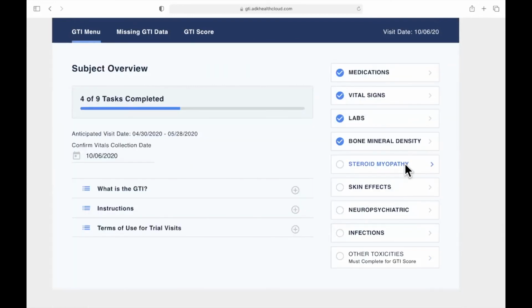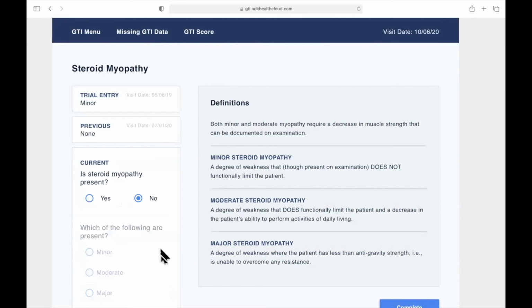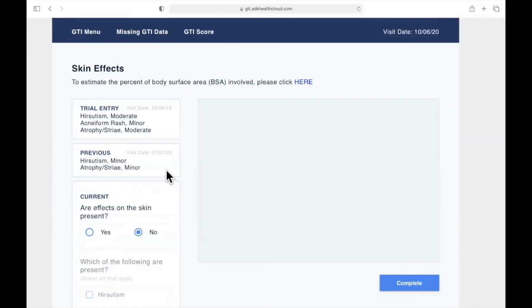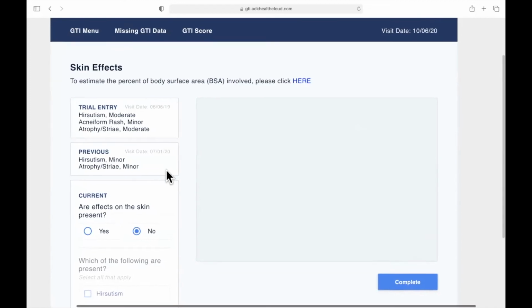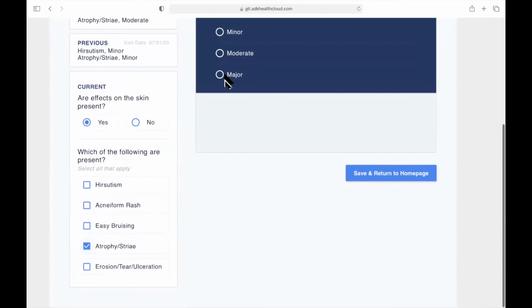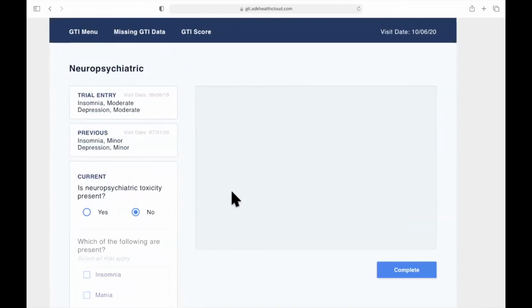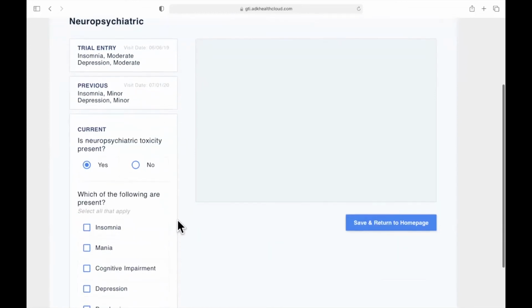The patient's muscle strength is normal. And with regard to skin effects, hirsutism, which was minor at the last visit, has resolved. The atrophy stria remain minor. Neuropsychiatric effects, the insomnia is now gone, but there remains an element of minor depression.